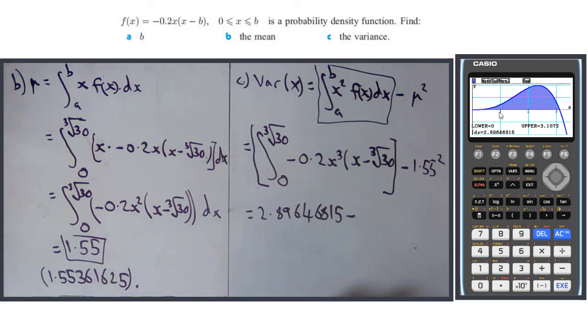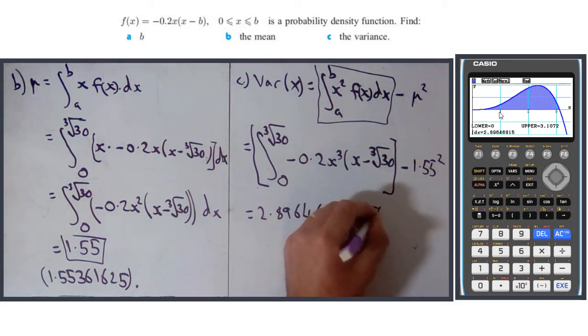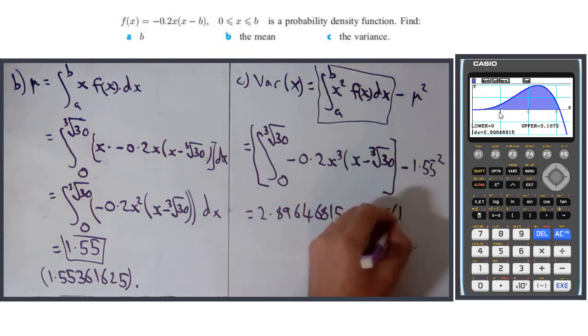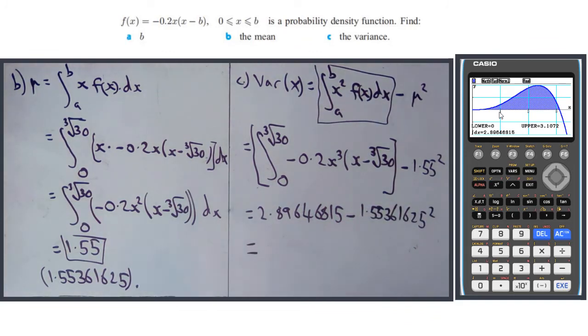minus, so our 1.55 can be 1.55361625, and don't forget to square the mean. Remember, it's the mean of the squares minus the square of the mean.